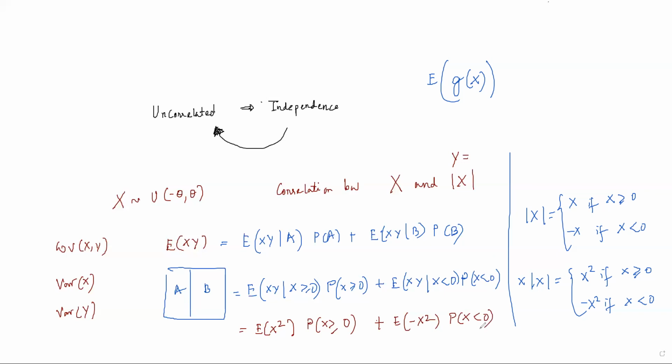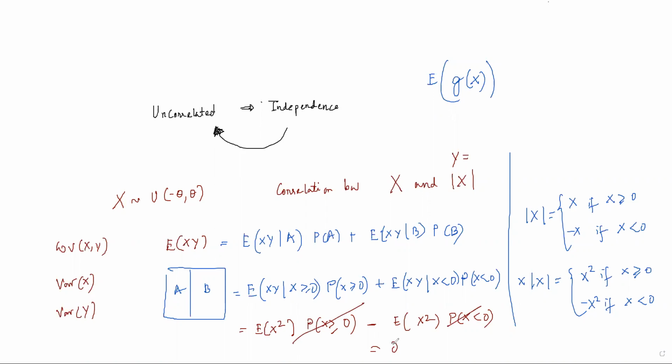If you observe, the minus gets cancelled, and this is common. Since X is symmetric around 0, the probability X greater than or equal to 0 is the same as the probability X less than 0. So both of these get cancelled, and hence covariance is 0, and hence correlation is also 0.